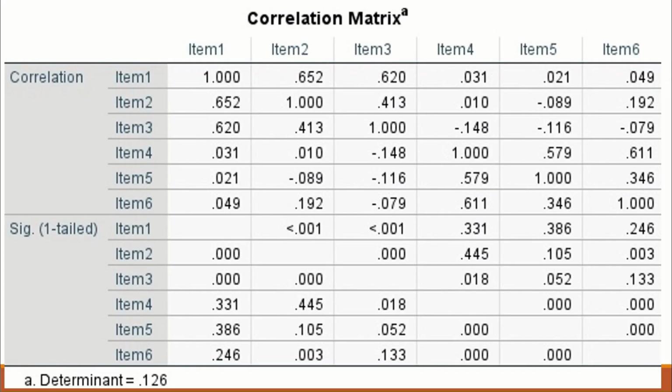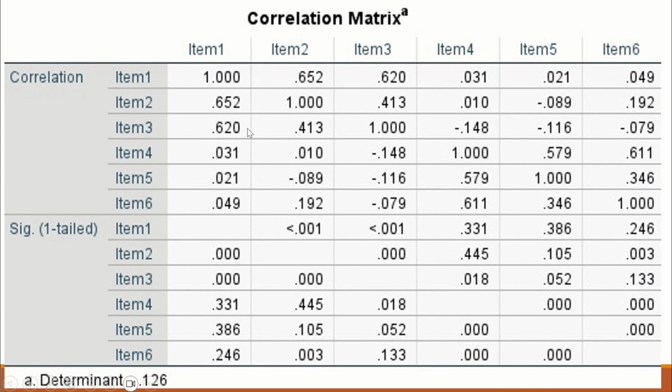So here is an output for the correlation matrix performed using EFA on 6 items, item number 1 to item number 6. The top section is the pairwise correlation between items, the bottom section is the significance level, and at the end here is the determinant. When item 1 is correlated with item 1, it is a perfect correlation. Item 1 correlated with item 2, the value is 0.65, which is within the range.